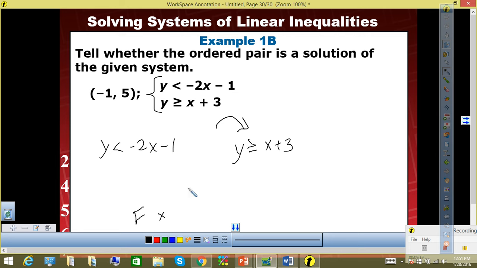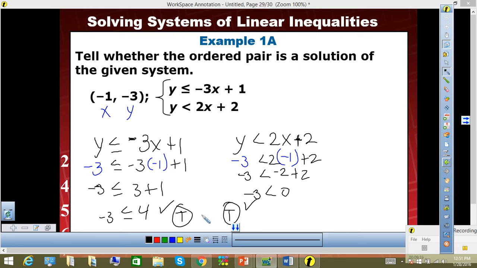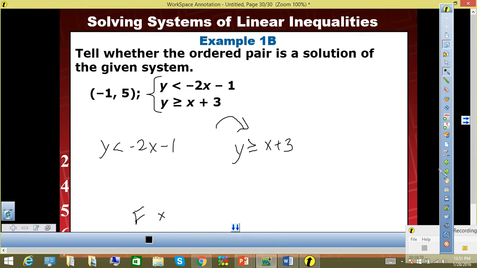Now let me ask you again. What was the purpose of the previous example of me saying that it needs to be true for both? Substitute into both to make sure it's true for both, right? Therefore, let's see, think outside the box.